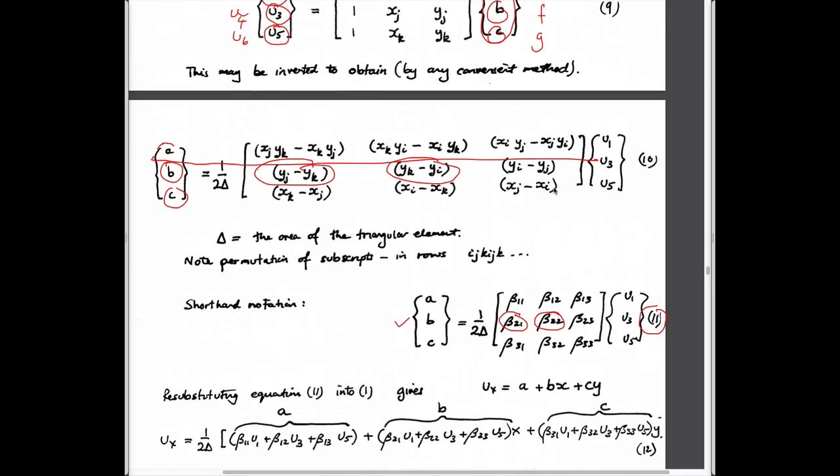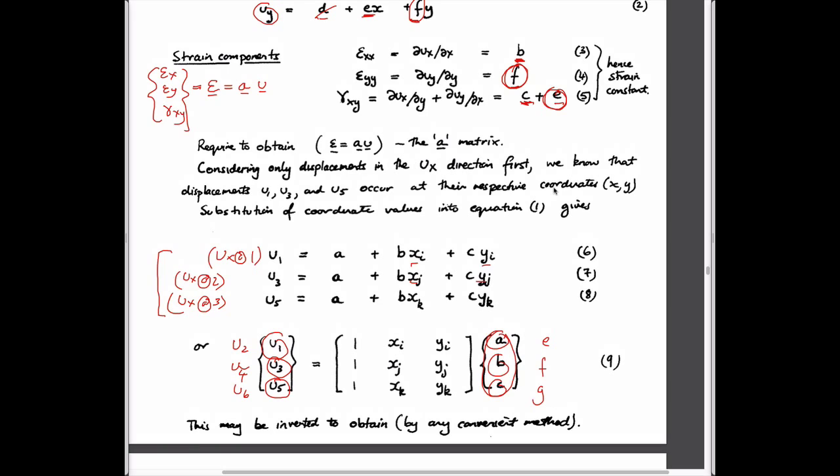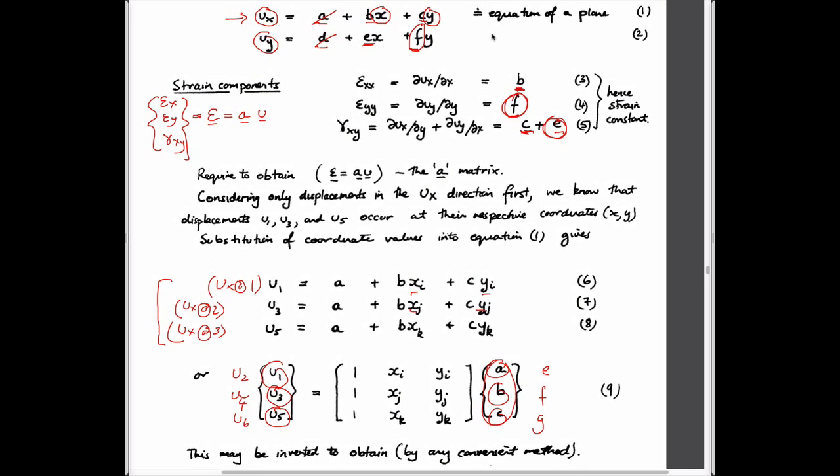And what we want to do is make a relationship which describes this behavior here as a function of these. And the other thing that we also know, I'm running out of space to write it, is that we could write out here epsilon x, epsilon y, gamma xy.